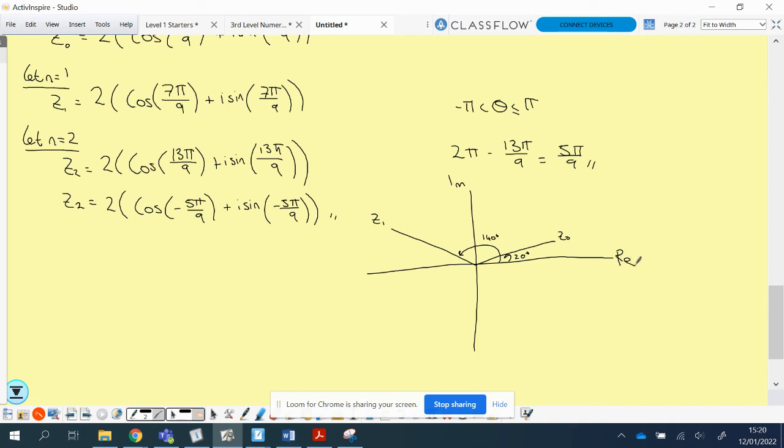And the last one, z2, is negative 5 pi over 9, which is negative 100 degrees, which means that if we go around from the axis negatively, so clockwise, negative 100 is just after the first quadrant, so it probably lies about there. Negative 100. And again, they're all equally spaced out on the Argand diagram.